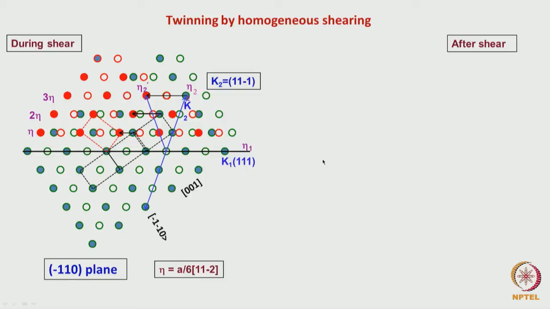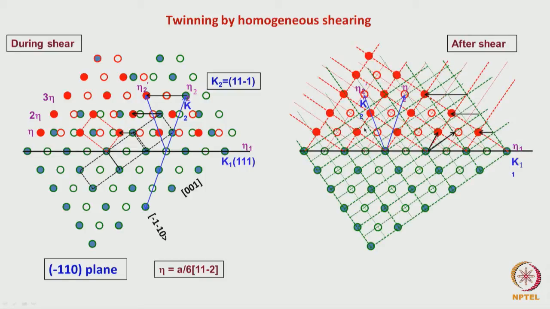This same thing I have just shown in a different way, where I have removed all these atoms, because here I had shown both the positions before shear as well as after shear. This makes it a little difficult to imagine. Here only the lattice structure is being shown, not the atoms.